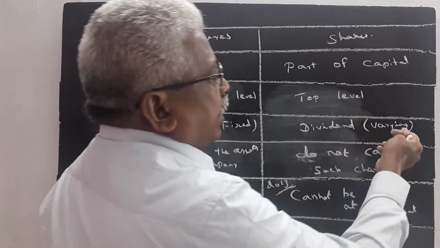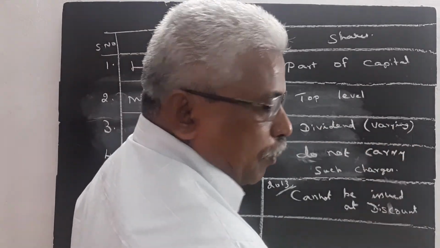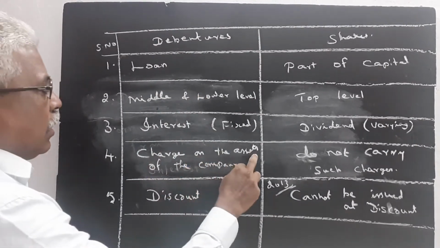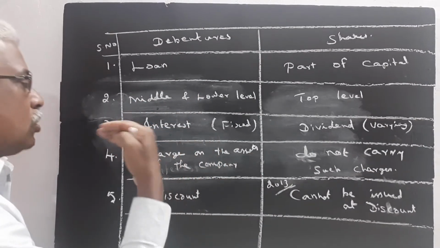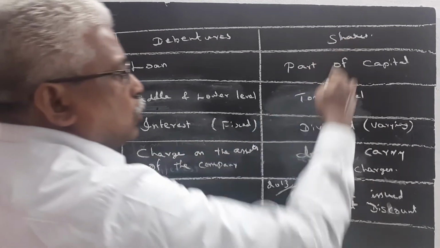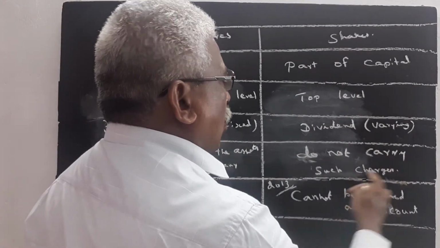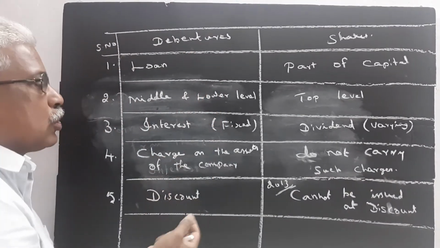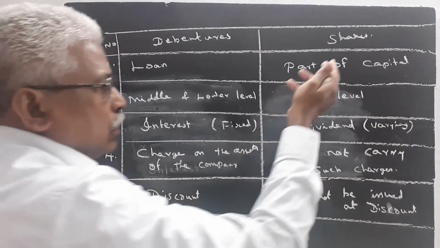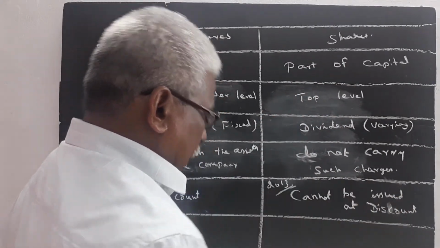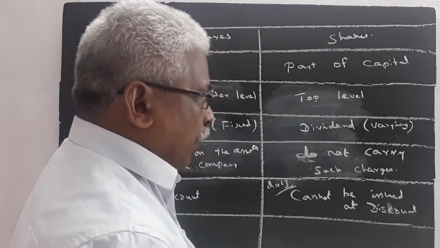The dividend may vary according to the profit. Normally debentures are charged on the assets of the company, but the shares do not carry such charges. The debenture can be issued at a discount also, but share cannot be issued at a discount according to the Companies Act 2013. Okay, dear students, 5 points.